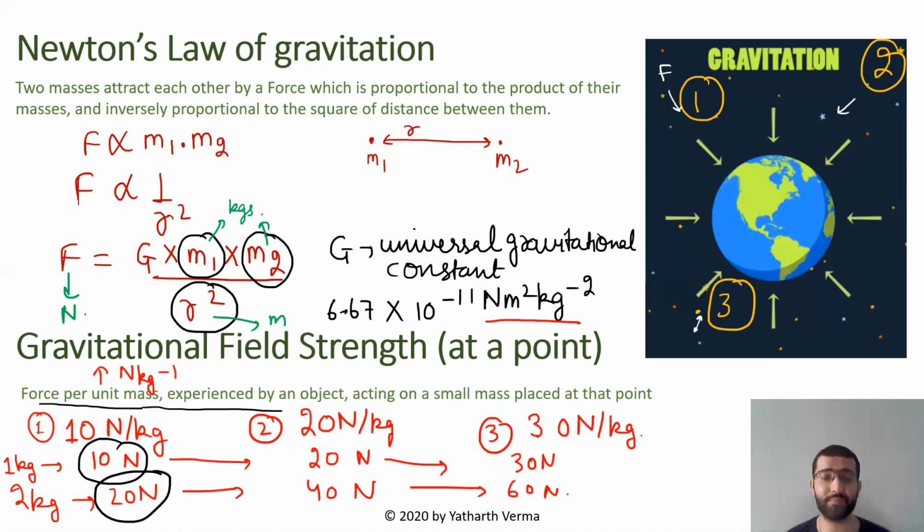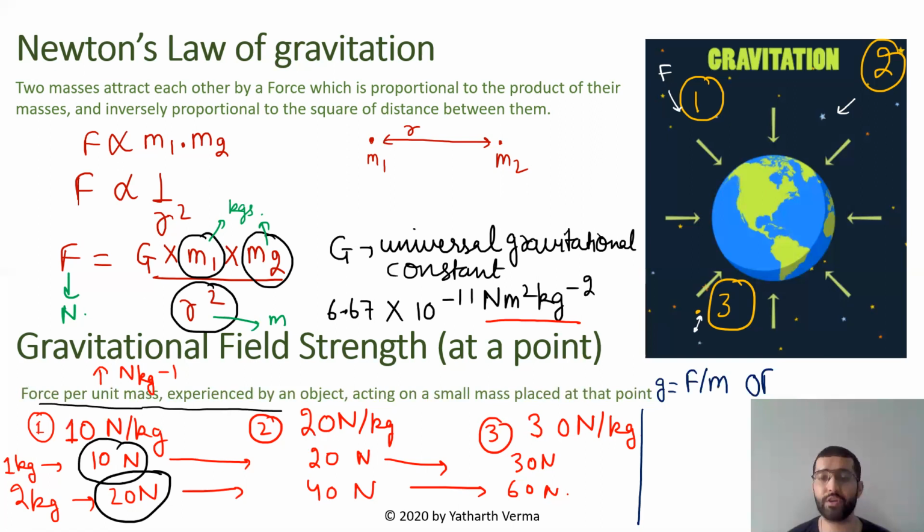So what does that convey? It conveys that field 3 is the strongest. Field 2 is a little weak, field 1 is the weakest. So every kg impact we are seeing. So force per unit mass. And because it's force per unit mass, the gravitational field strength is force per unit mass.